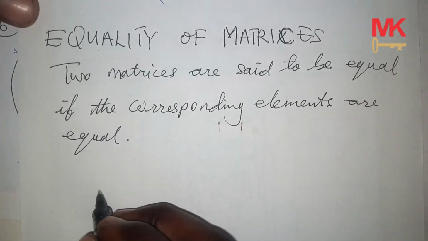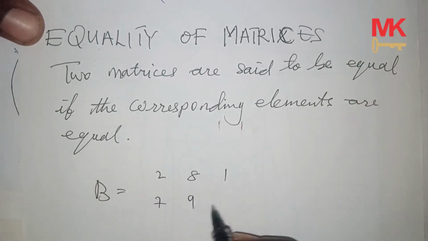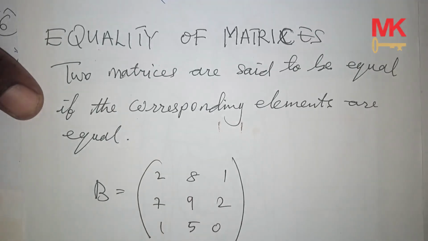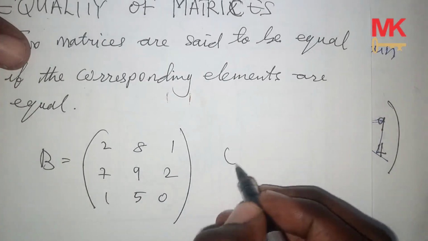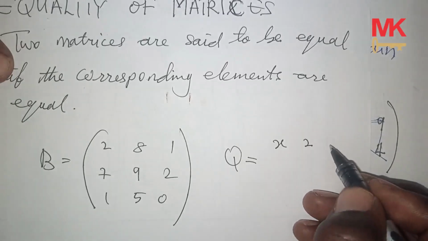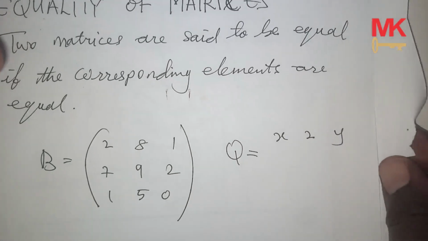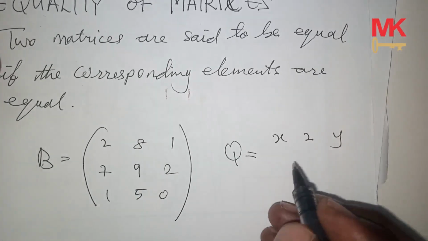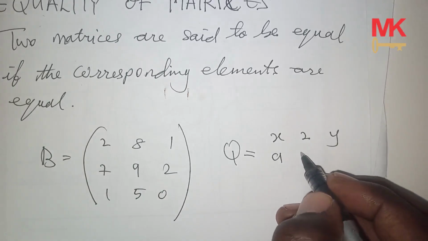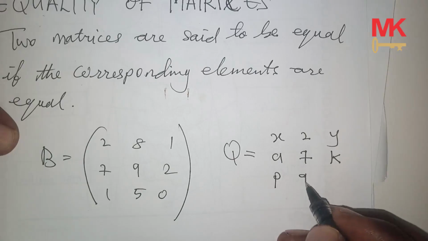Let's say we have the matrix B equals 2, 8, 1, 7, 9, 2, 1, 5, 0. All right. And then we have another matrix Q equals X, 2, Y, then A, 7, K, and then P, 9.